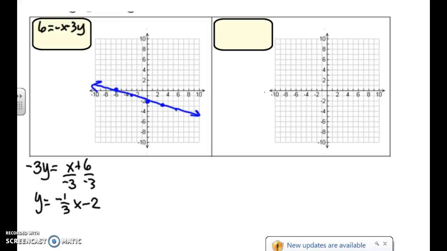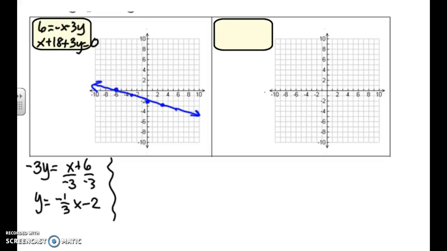Then the other equation was x plus 18 plus 3y equals 0. Again, let's do a little rearranging, but on this one, let's move the y to the other side, since that would only take one step, and divide by -3 here, and you get y equals -1/3 x minus 6.